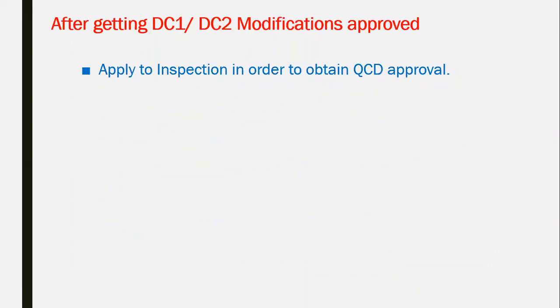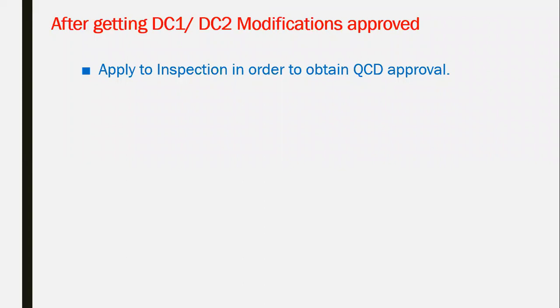After getting DC1 and DC2, you have the approved reference drawing for the QCD, going for construction, completing your buildings, updating your as-built. You can submit for the inspection for the QCD to get the approvals.